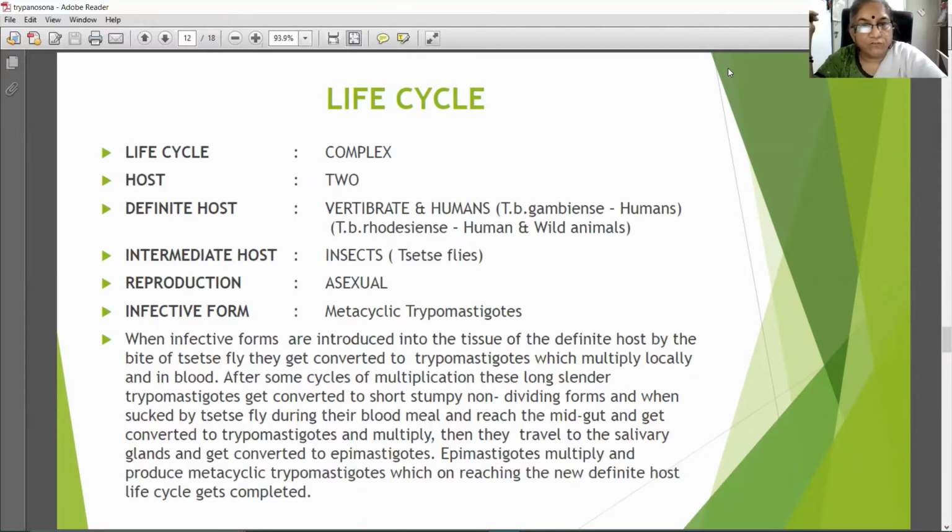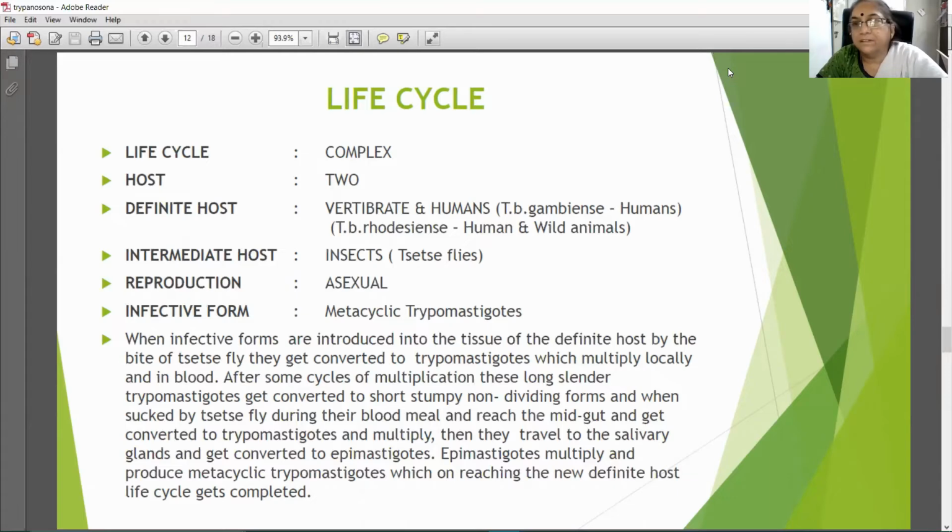So when infective forms are introduced into the tissue of the definitive host by the bite of the tsetse fly, they get converted to trypomastigotes, which multiply locally in the blood.